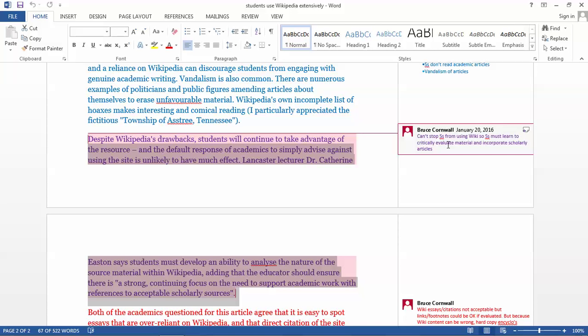this is very interesting because now we have other researchers saying that even though students know that Wiki won't be able to be used in their research and research writing, they continue to do it.